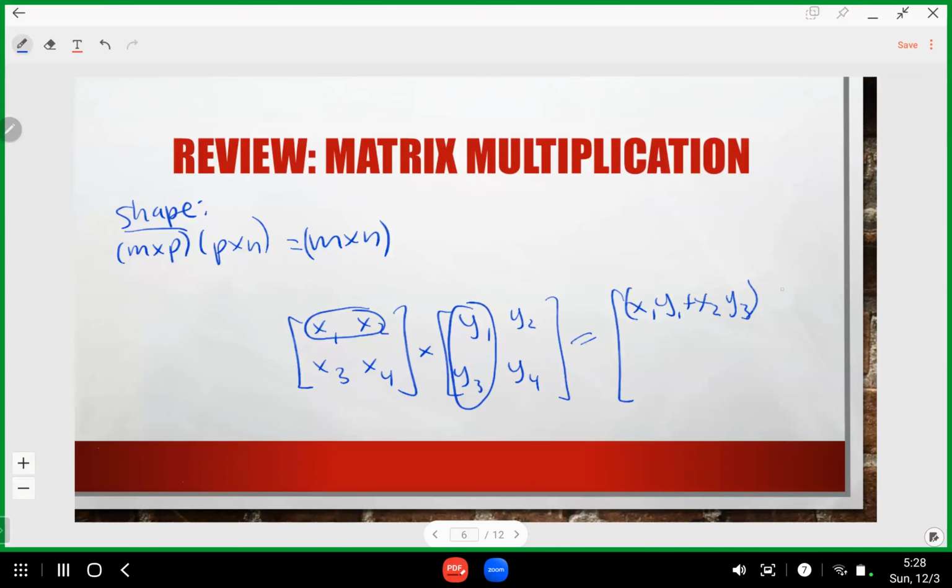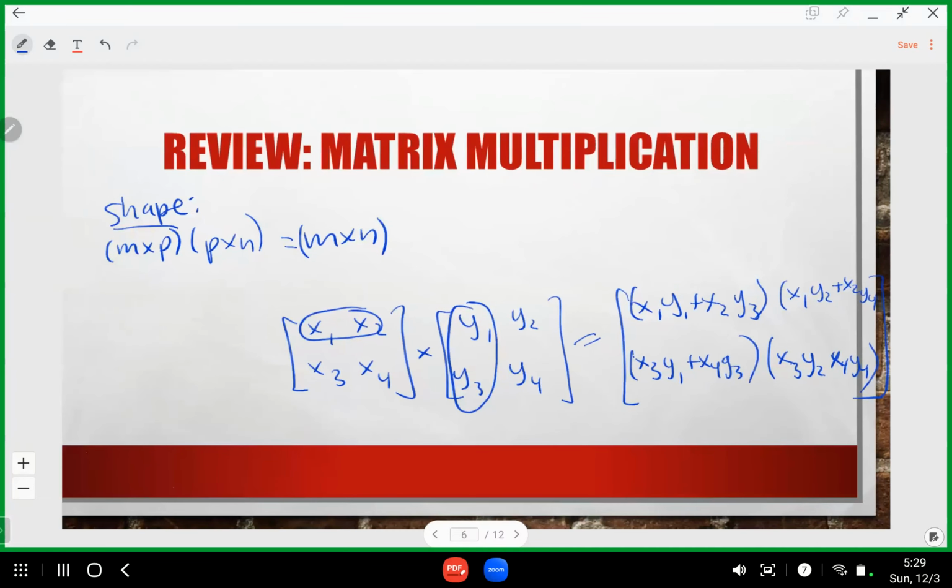That's going to be the first element, okay? x1 y2 plus x2 y4, okay? We're going to have x3 y1 plus x4 y3, okay? You're going to have x3 y2 plus x4 y4. That's how you do it, right? So that should clear up some confusion, right? That's about it, all right?